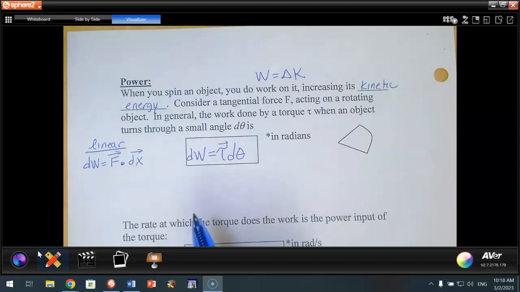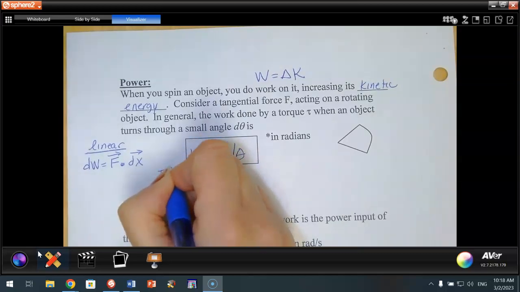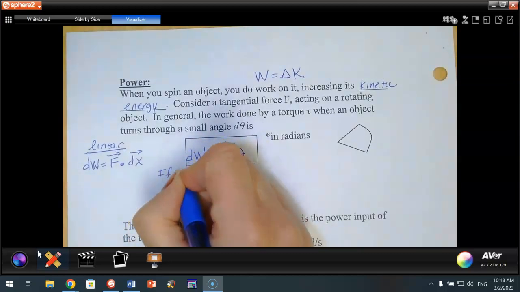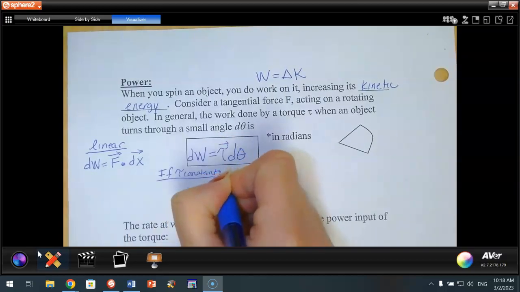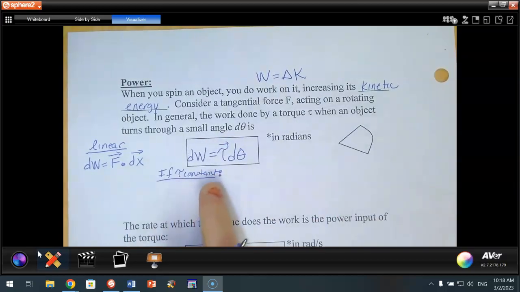So the formula that I can use for calculating work is dW, d work, equals torque d theta. Generally speaking, you're not going to have to do calculus very often with this formula, even though it looks like it's set up that way. So underneath this, if torque is constant, then there are some formulas that are a little bit more user-friendly that come from this formula.